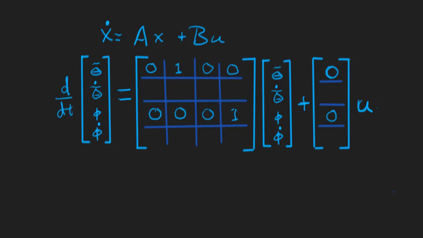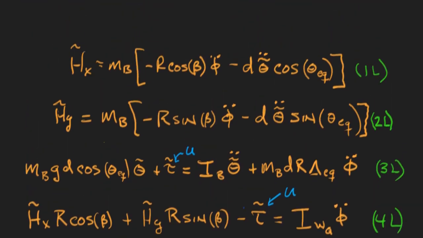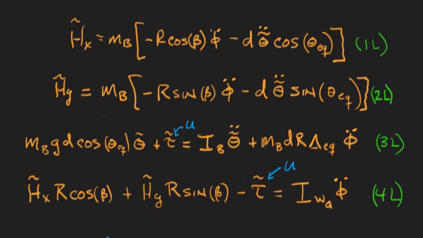And if we look above into those linearized equations that we derived last time, here we see theta tilde double dot again and again, and phi double dot, again we see phi double dot in 4 places. This is how they're related to each other. And notice I have 4 linear equations for 4 unknowns.